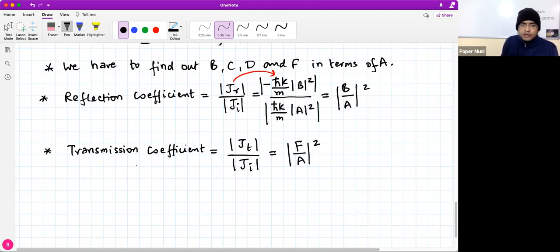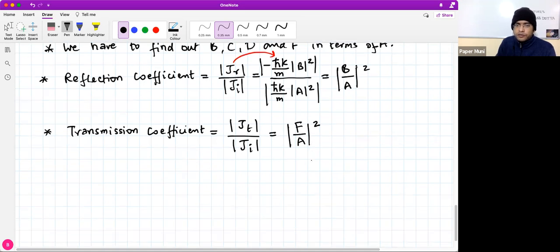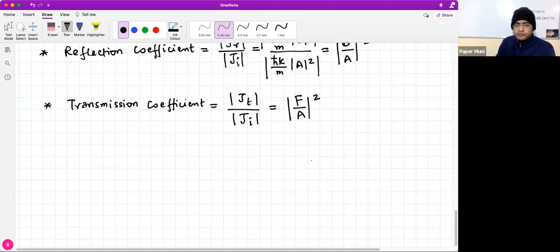So similarly we can write about the transmission coefficient. Now the transmission coefficient will not depend on the C and D part, because we are talking about the transmission through the barrier. The particle is going outside, towards the third region, so we'll be needing the F only here, and we don't need the C and D part.